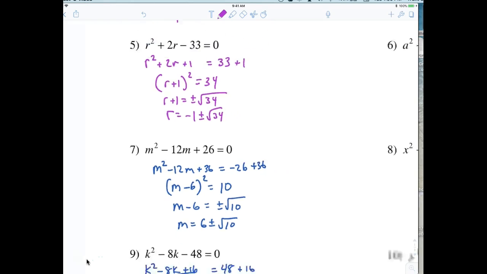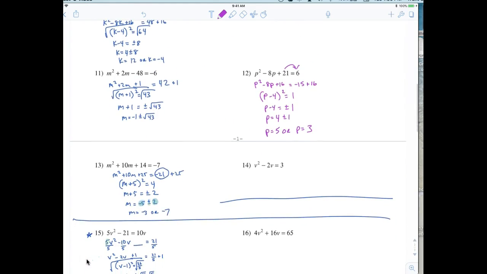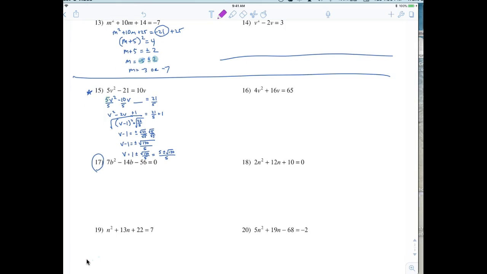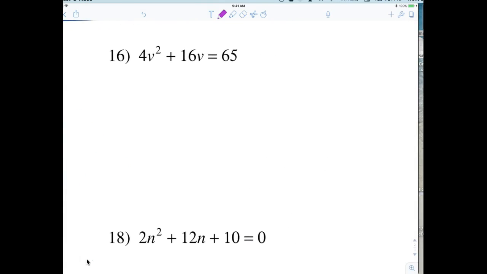All right. Now, what I want to do is, it could have been harder, so I want everybody to take a look at number 15. Actually, let's just go ahead and do 16 so I don't have to erase. The only reason I'm showing you 16 is because it can be harder, if there are fractions involved. Does anybody know what the first problem we have on question 16 is?